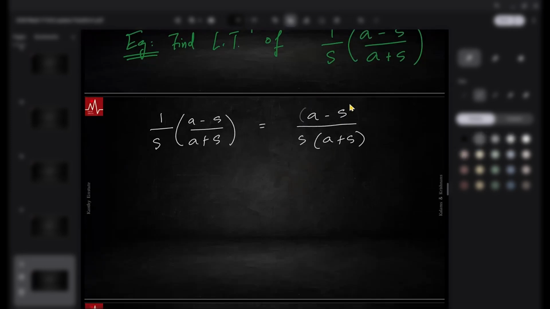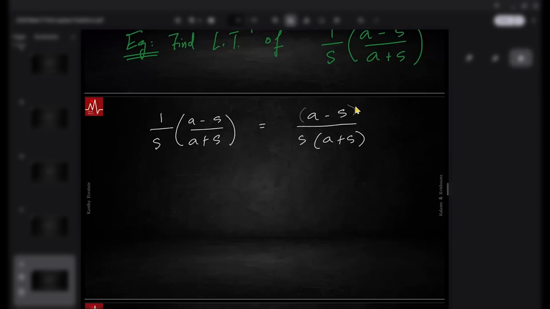Which power of s is higher? Is it higher in the numerator or in the denominator? The denominator is s square.